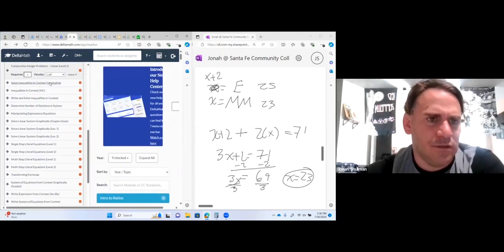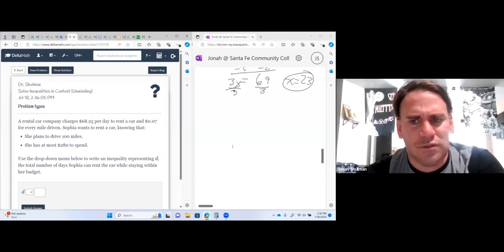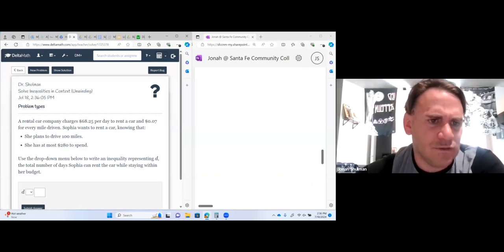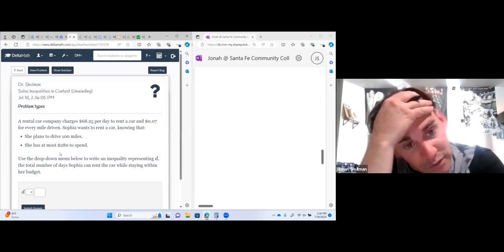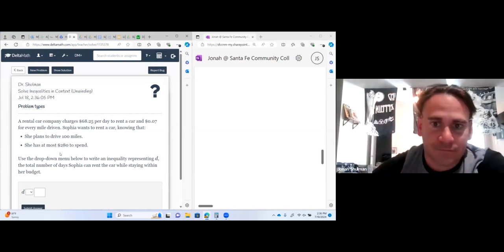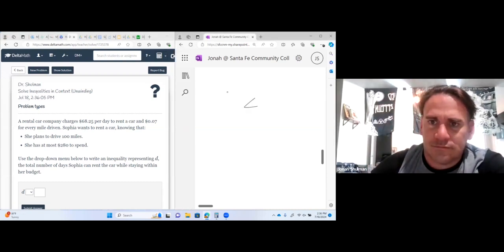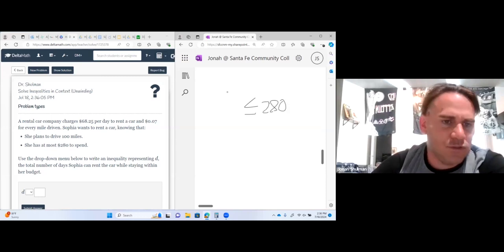Now let's do some inequalities. A rental car company charges $68.25 per day and $0.07 for every mile. She wants to rent a car knowing that she plans to drive 100 miles, and she has at most $280 to spend. Because we can only be at 280 at the highest, and she plans to drive 100 miles.